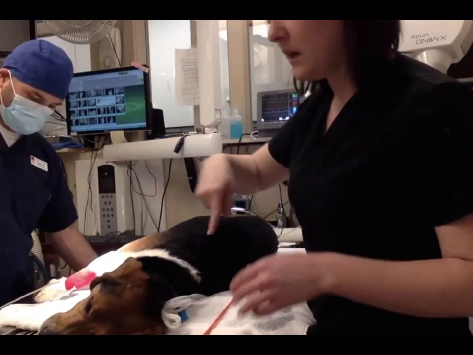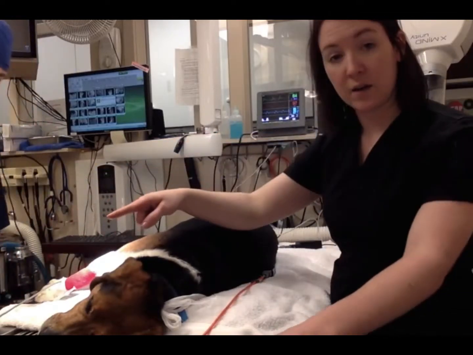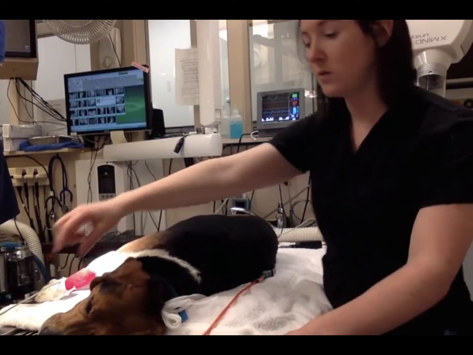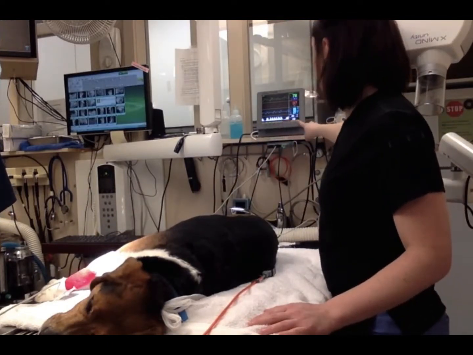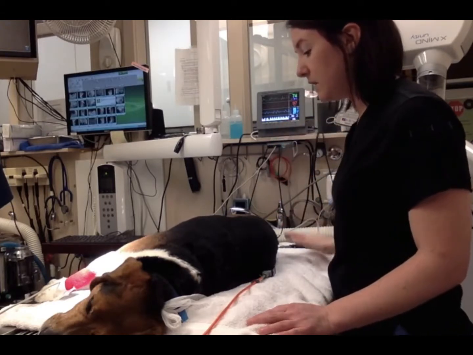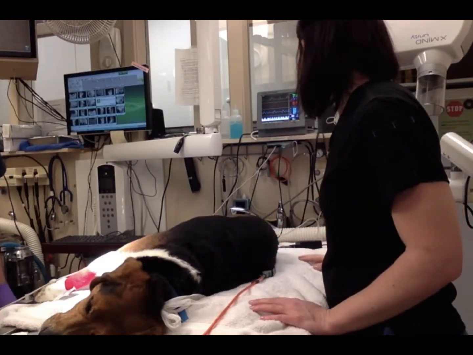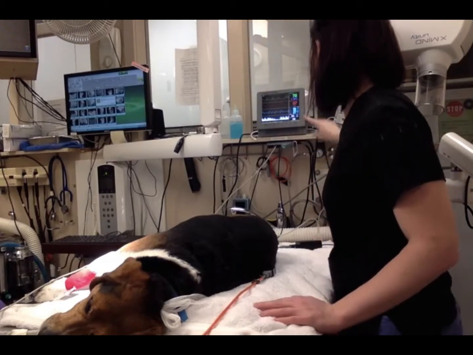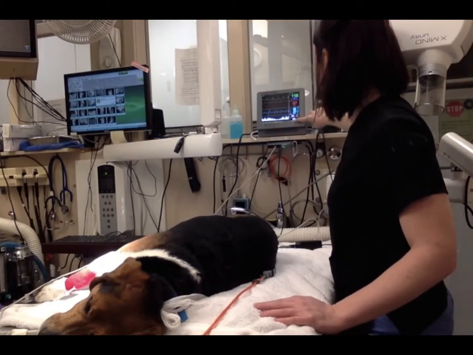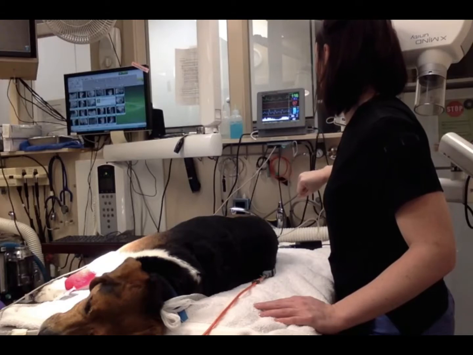It's going to be reading the carbon dioxide, the end-tidal carbon dioxide, as it comes out, and that sensor is going to be picking it up. It's also going to be checking his respiratory rate, so we can see those nice waves as David gives him a few breaths. We can see the waves go up and down as he's breathing in and out. It's giving us our end-tidal CO2, and it's giving us our respiratory rate.